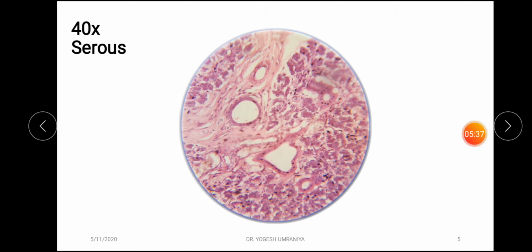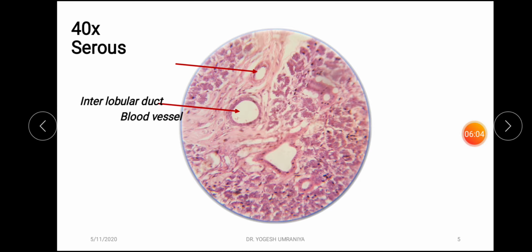Now this is the image under the 40x lens. So here you can see this is again the connective tissue septa. You will find the interlobular duct, which has the stratified columnar or cuboidal type of epithelium. So you will see the stratification in the duct which is lying in the connective tissue region.